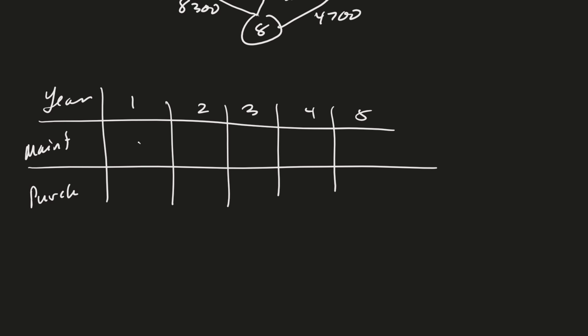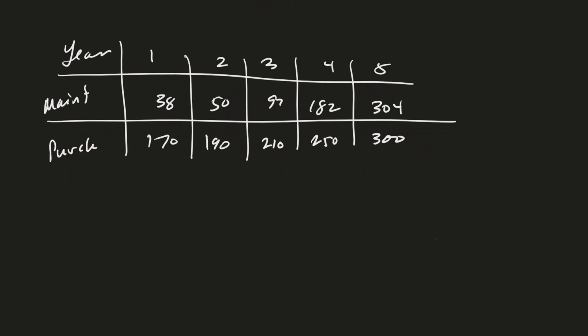And then the maintenance costs are 38, 50, 97, 182. Boy, there's a big jump there. 304, big jump there. Then the purchase costs are 170, probably in thousands if it's farming equipment or something like that, 190, 210, 250, 300.